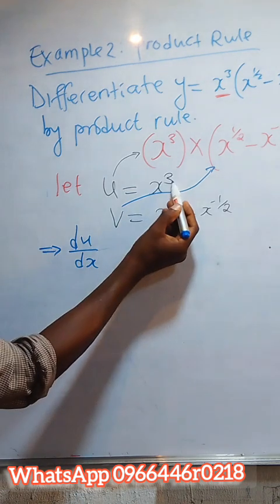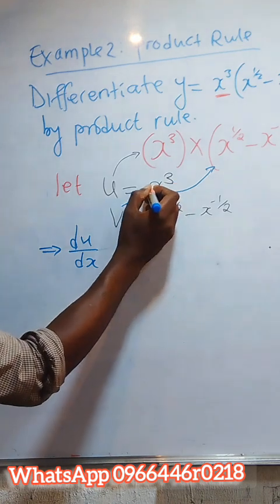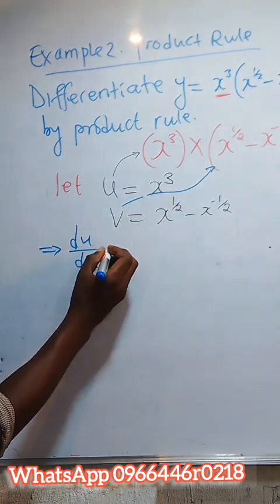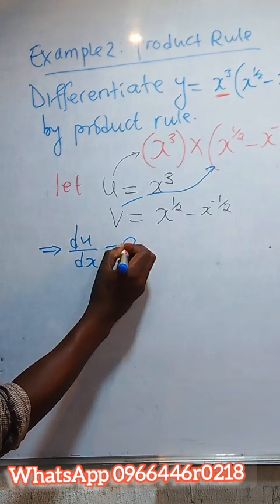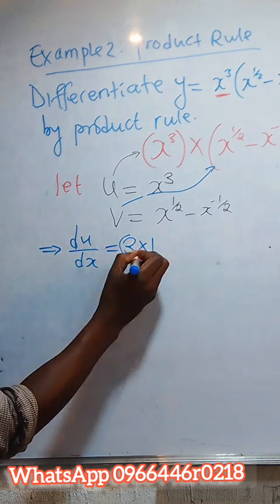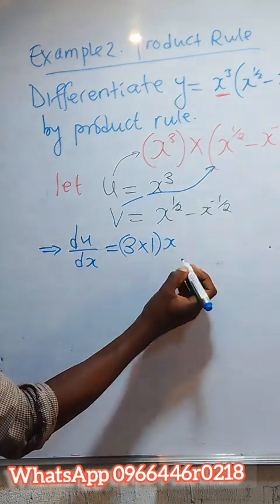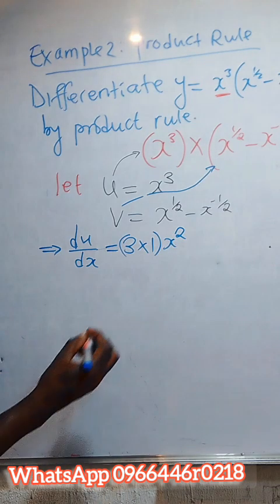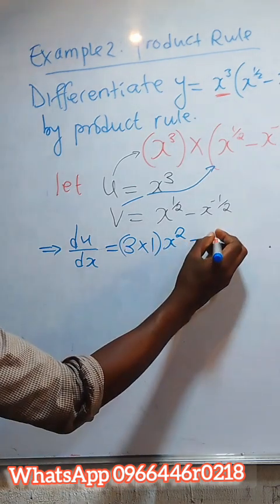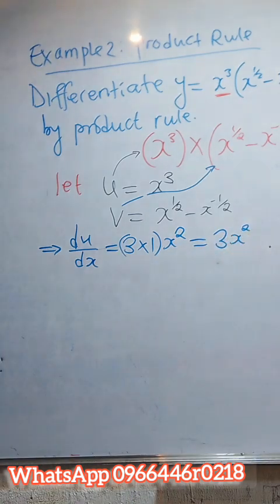So x to the power 3, there is 1 here, so du over dx is 3 multiplied by 1, and then x to the power 3. Now the power reduces by 1, so it's just going to be 2, okay? And this is going to be just 3x squared, okay? 3x squared.